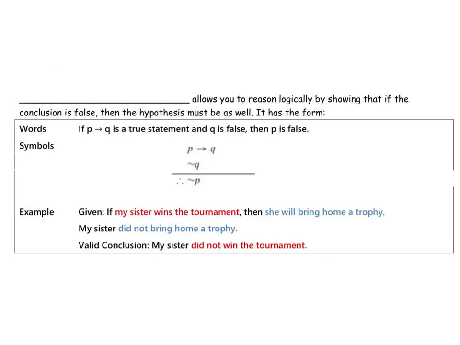The third and final form of reasoning that we're going to talk about is called indirect reasoning. And indirect reasoning involves a negation. So here's how it works. I have this given true conditional statement, and then I'm told that the negation of the conclusion is true.